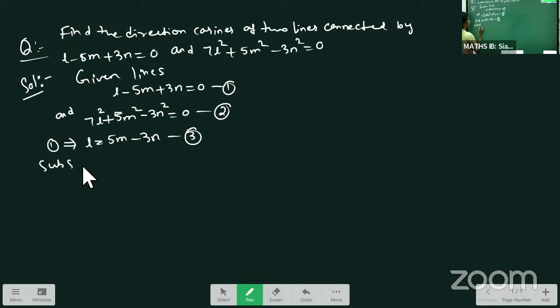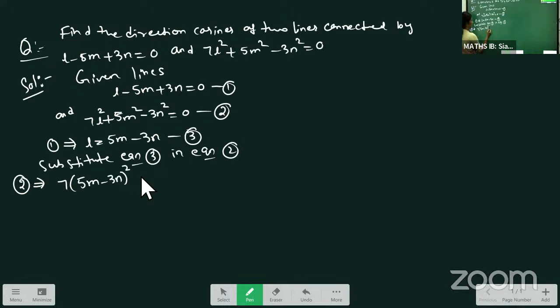So, what is equation 2? 7l square, l means 5m minus 3n whole square, plus 5m square minus 3n square is equal to 0.